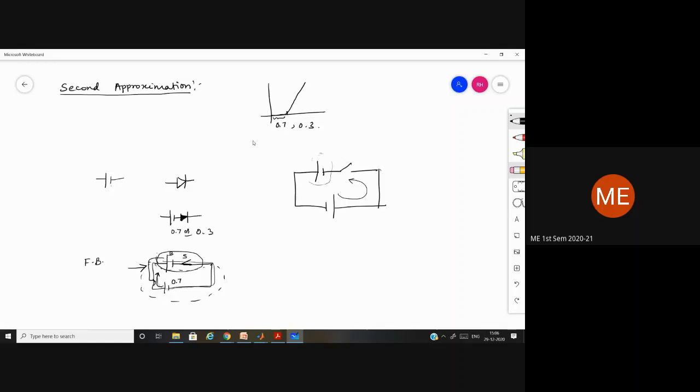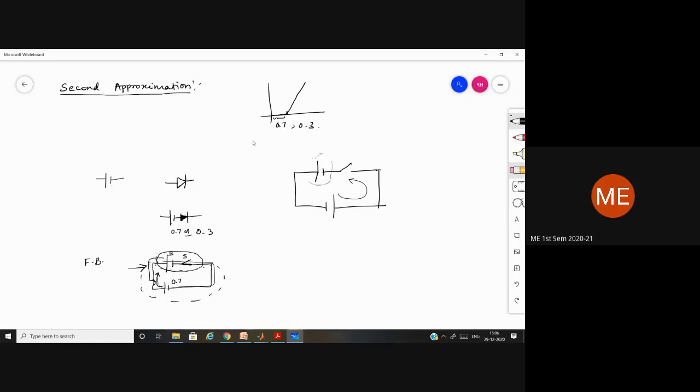Even though you have a battery, for the current to flow it needs a closed path. Always, current needs a closed path to pass through the circuit. But voltage can exist between any two open ends. The voltage can exist, but for current to pass through, it needs a closed path. Here, since the switch is open, the current is not going to flow.